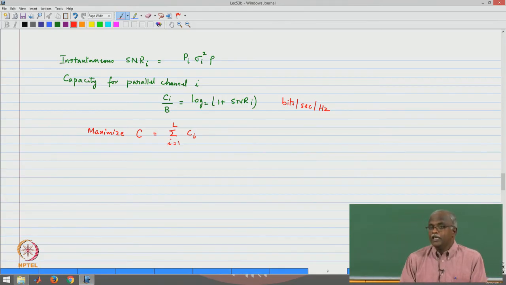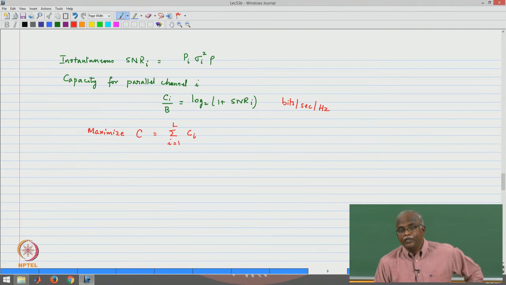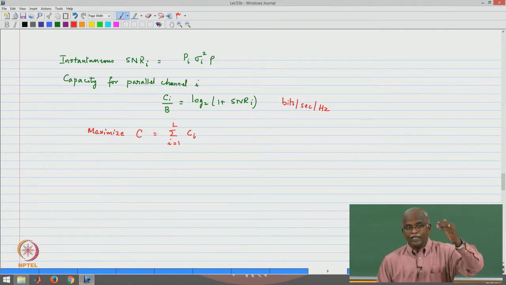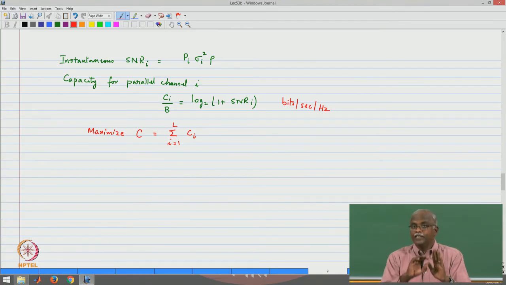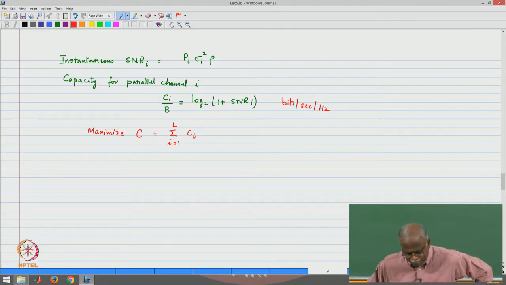Using the singular value decomposition, where L corresponds to the rank of H, we have been able to divide them into parallel channels. We have also done the power allocation, P1 to the first channel, P2 to the second channel, PL, subject to a total power constraint, and then obtained the instantaneous SNR, used that to obtain the capacity of each of the parallel channels, and then we want to maximize the capacity.